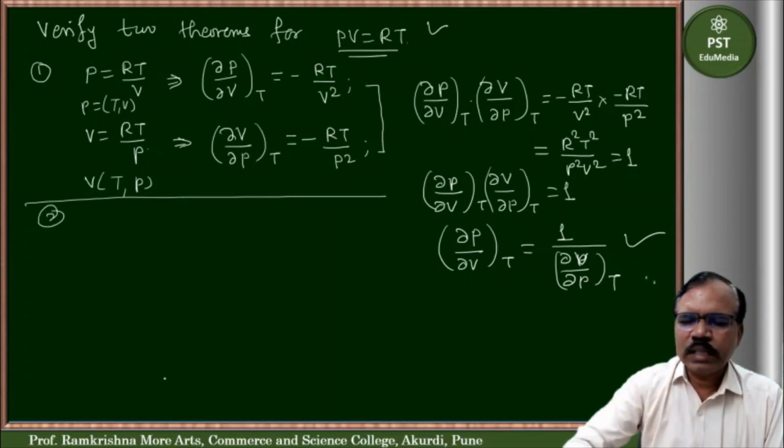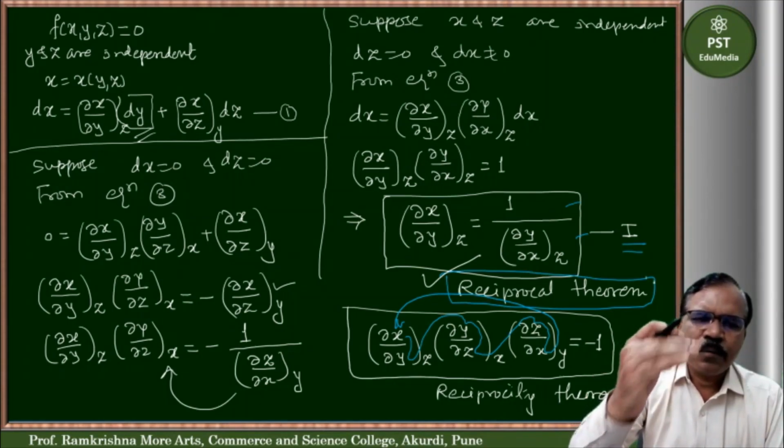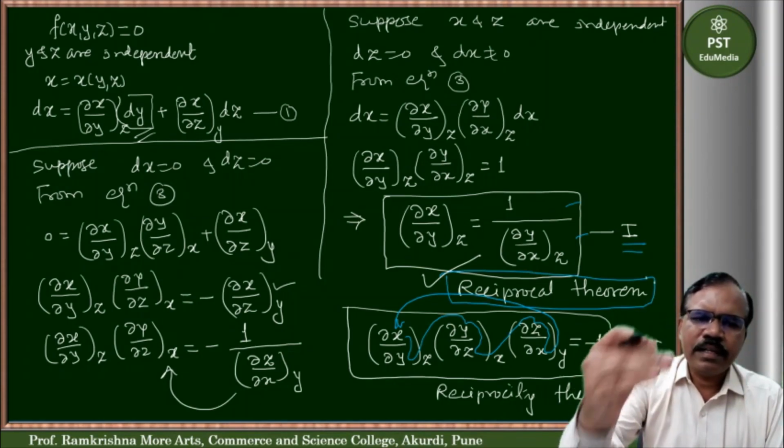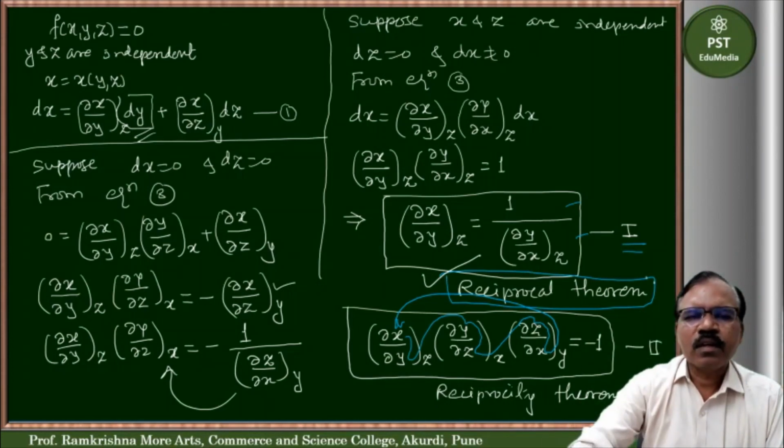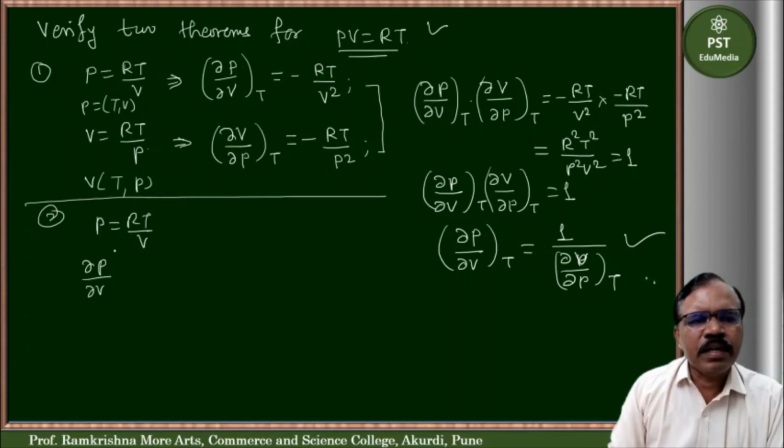Now we have to go cyclic. So first we will take V, P, then T, like this. Let us take first P is equal to RT upon V. So ∂P/∂V at constant T will be equal to minus RT upon V square.